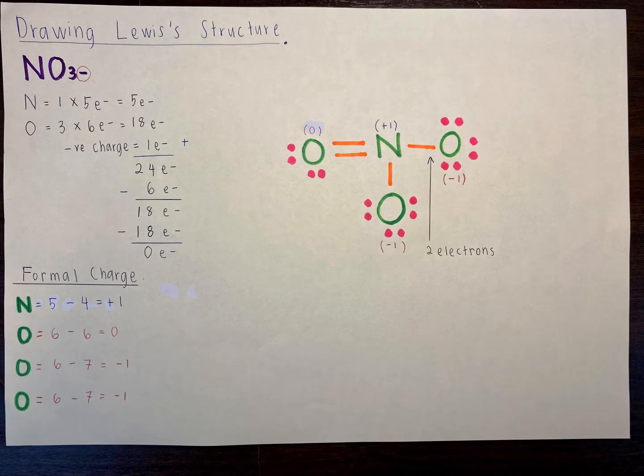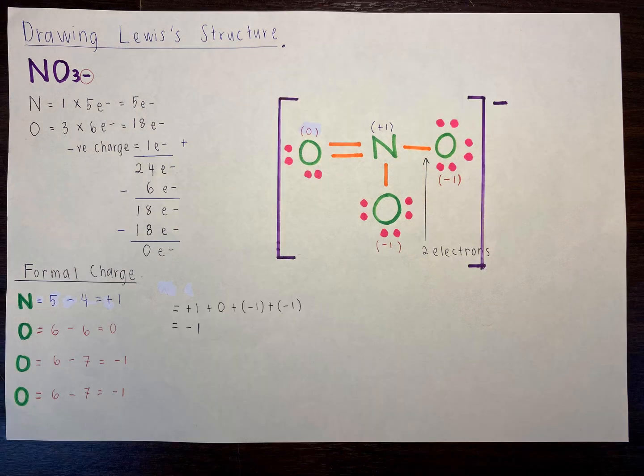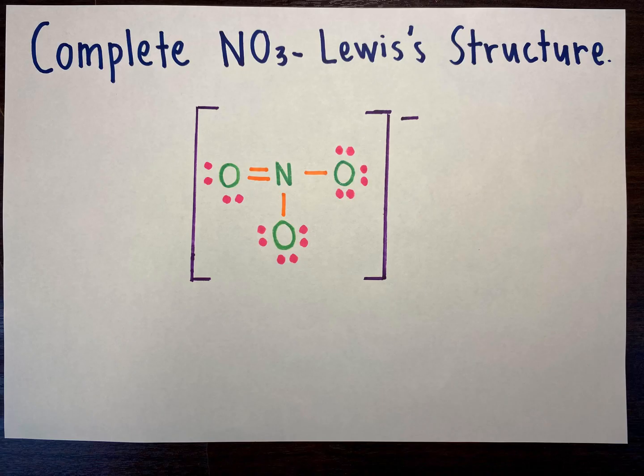So now I will continue with the 3 oxygen. Second, now we add all the charges and we get -1. So that means our Lewis structure charge is -1. Lastly, I show the complete Lewis structure.